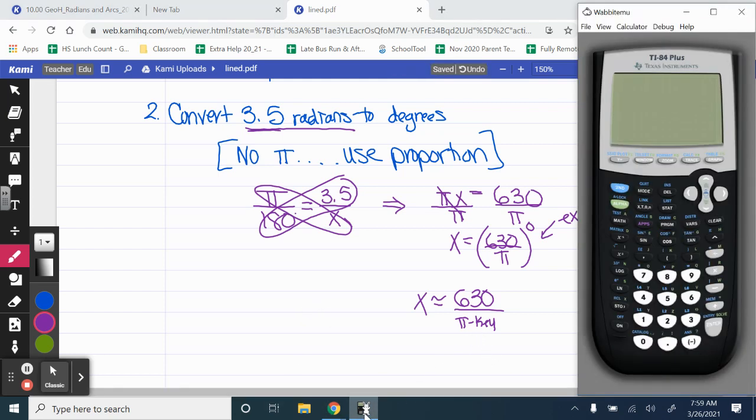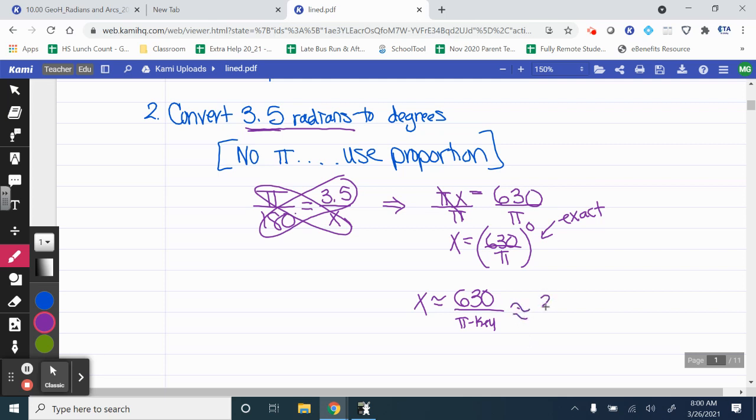Now go to your calculator, and because I want a decimal, I might not use the alpha y equals key, because I'll show you what happens when we do that. So 630, and then over the pi key, that's second caret. I like to call that the food key, pies and carrots all on one key. And we get that decimal. On the newer calculators, the colored ones, sometimes they give you back a fraction. Since it has a pi, this one gives you a decimal, but you could also type it in like this and get the same thing. Then you would write out your full decimal.